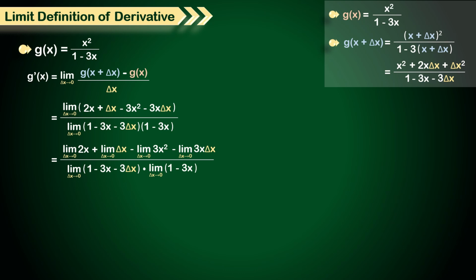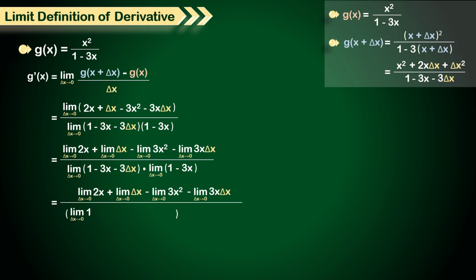Continue to apply limit properties in the denominator. Rewrite the numerator over the limit of 1 as delta x approaches 0 minus limit of 3x as delta x approaches 0 minus limit of 3 delta x as delta x approaches 0, multiplied by the limit of 1 as delta x approaches 0 minus limit of 3x as delta x approaches 0.